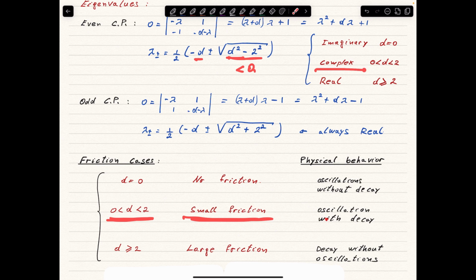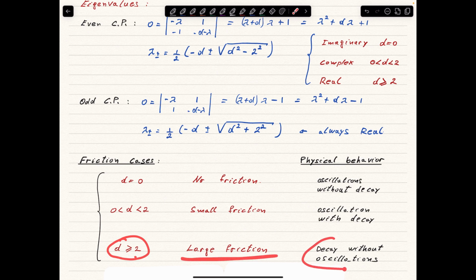So we have complex roots for the eigenvalues, complex eigenvalues. And that means oscillation with decay, because we are going to have a decay given by that coefficient there, which is negative. Oscillations with decay. When the friction is bigger than or equal to 2, we call it large friction, and now we have decay without oscillations, because this is positive, we have real roots.